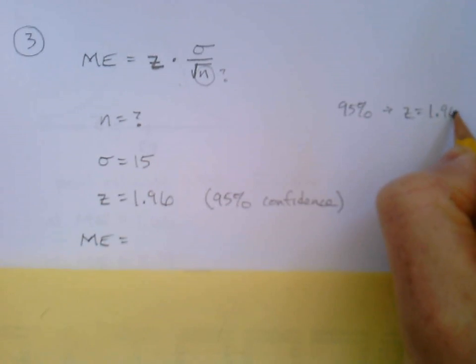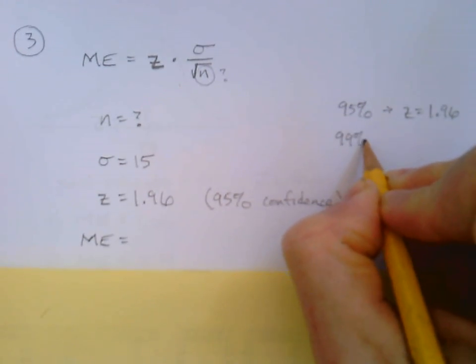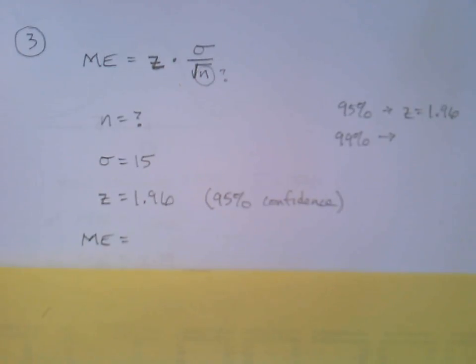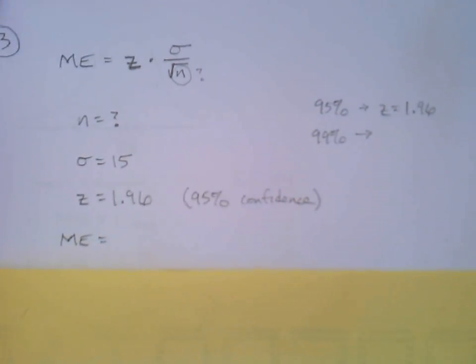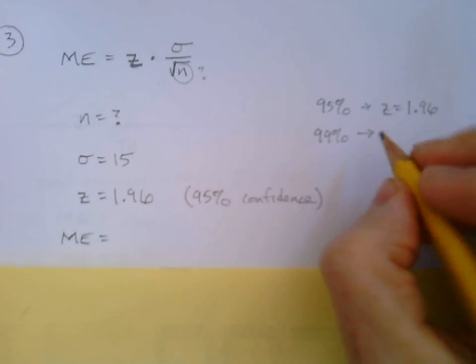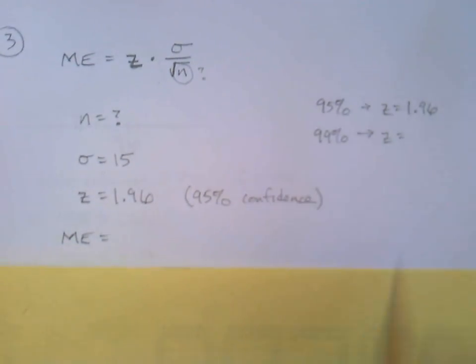The 99% is also a pretty popular one. Let's write these out. What was it for the 99? That was back in number 1, part B. It was 2.5758.